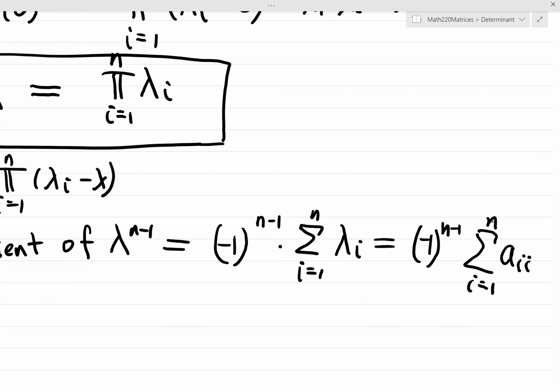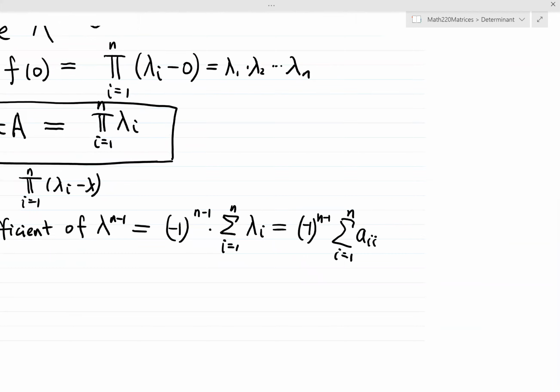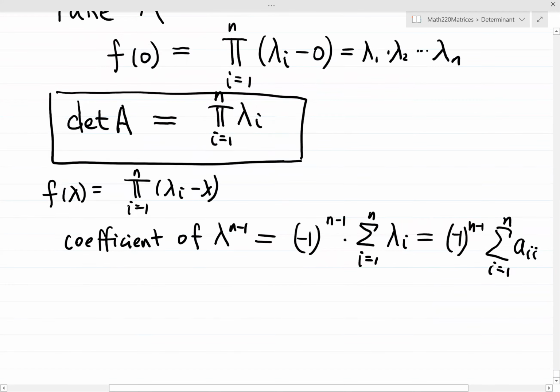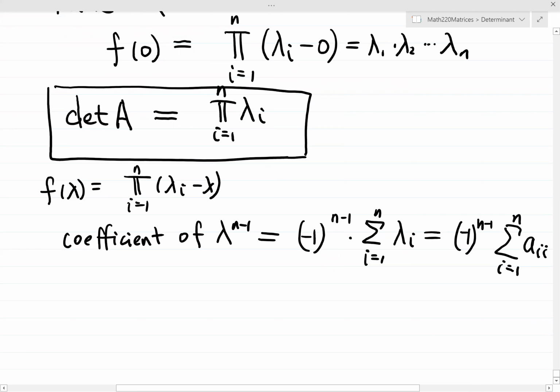Just use a little bit of algebra to show that the sum of the roots is actually the sum of the diagonal terms. This quantity, the sum of the diagonal entries, is called the trace of the matrix.